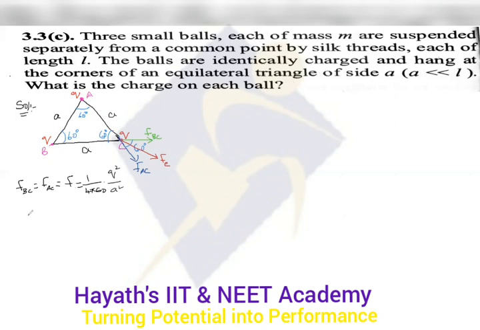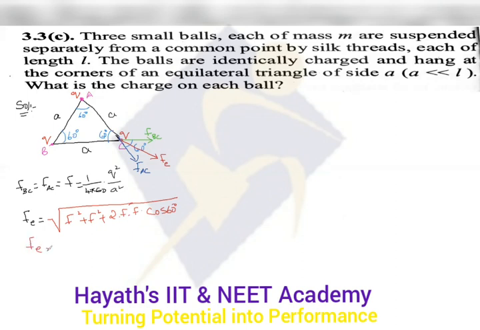Okay, now next, the electrostatic force Fe can be taken as the square root of f square plus f square plus 2 f f cos theta, using the parallelogram law of vectors. Here theta is how much? 60 degrees. So I take cos 60.